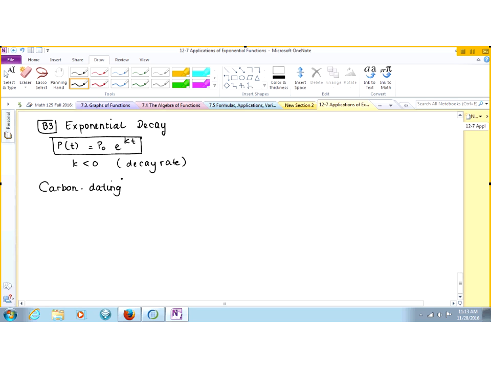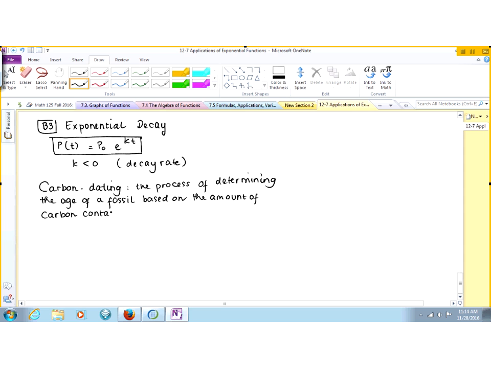You don't take carbon on a date, but basically this is the process of determining the age of a fossil or anything else based on the amount of carbon contained by the fossil.